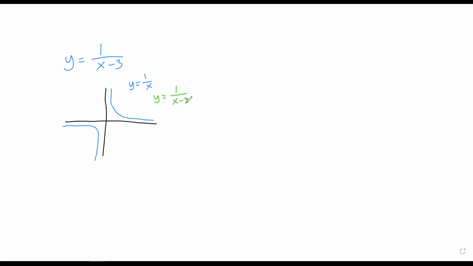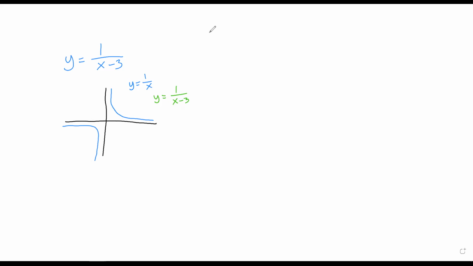It's going to be a horizontal shift, first of all, because it's inside the function. The minus 3 isn't outside the base function, it's inside. So it's going to be a horizontal shift. Since it is negative, the shift is going to be to the right. So it's going to be moved 3 units to the right.